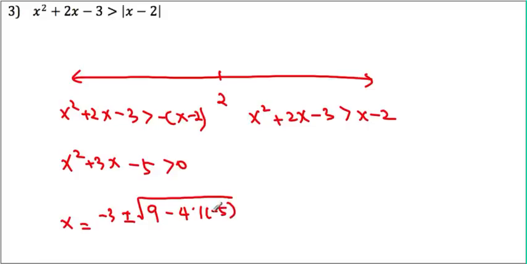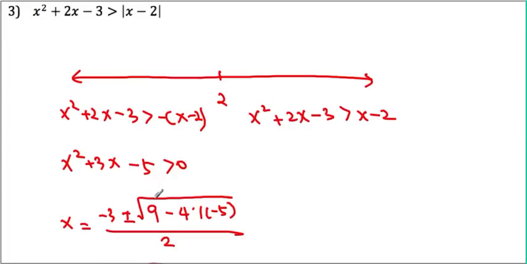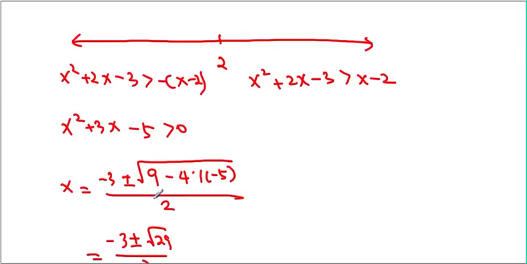In other words, this becomes 9 plus 20, which is 29, all over 2. So we have negative 3 plus or minus square root of 29 over 2. Those are the x values. Now, when you have negative 3 minus square root of 29 over 2, yes, that would be way below negative side.